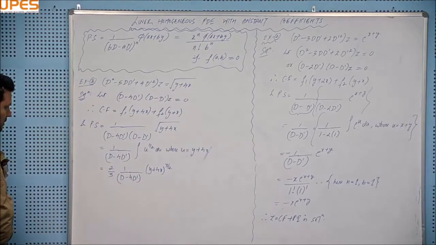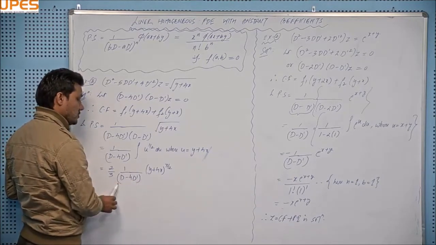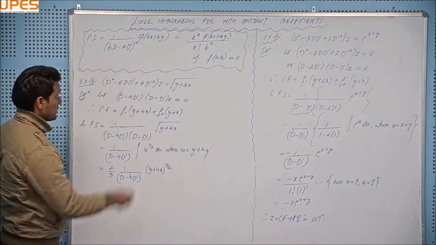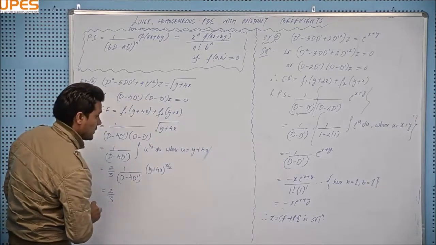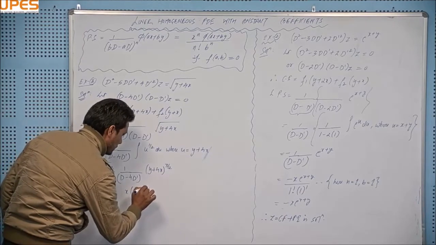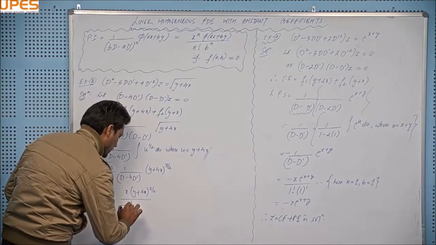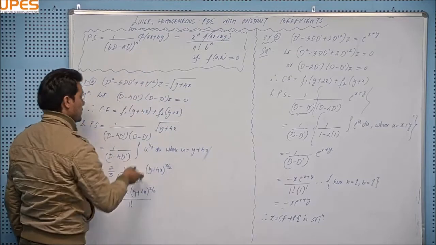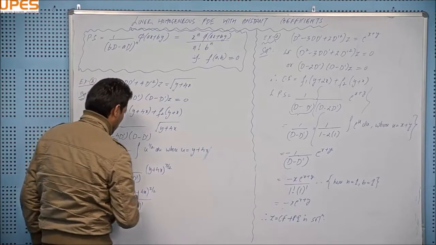Okay, now see that this time if you put D equal to 4 and D dash equal to 1, you will get 0 in the denominator. So again this formula comes into play, right? And then according to this formula, 2 by 3 in the numerator I have to put x, y plus 4x to the power 3 by 2, and in the denominator I will have 1 factorial, because 1 is the power of this, n equal to 1 comparing with this formula, and the coefficient of D is also 1, so this will be the answer.